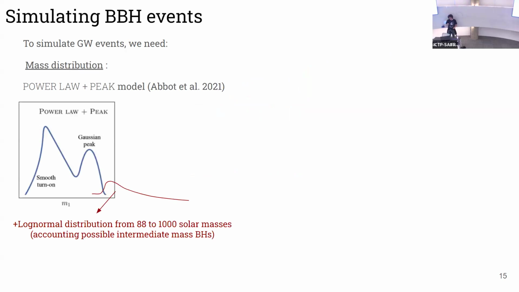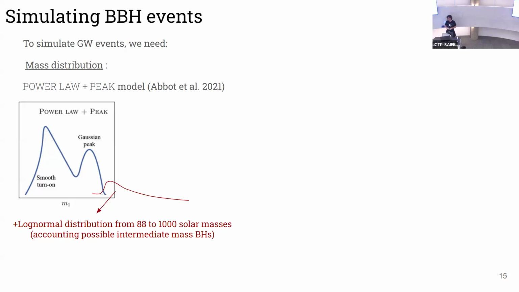Also, we must assume a mass distribution. We're not going to deviate from LIGO; we're going to use the same mass distribution they are using. But Isabella and Ricardo took the liberty to include a log normal distribution after LIGO's distribution, just to account for possible intermediate mass black holes, which we don't observe but there is no reason that we won't observe them.